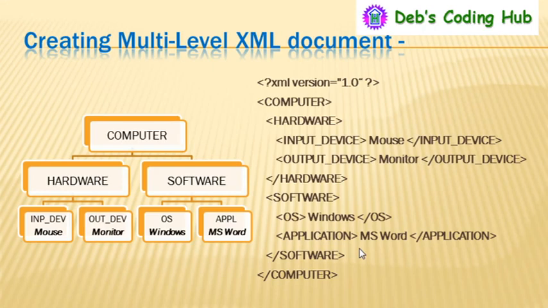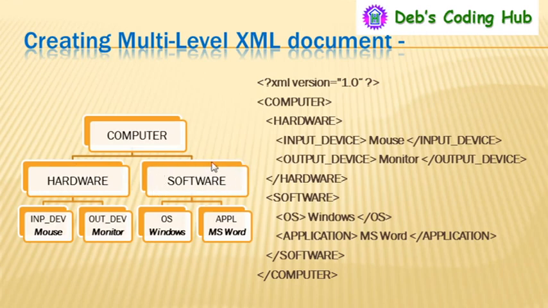Remember, for a multi-level XML tree, we should go like this. First, we should write the root element, open the root element. Then we should open the left subtree, that is hardware. Then we should complete the left subtree. Then only we can go to the right subtree.